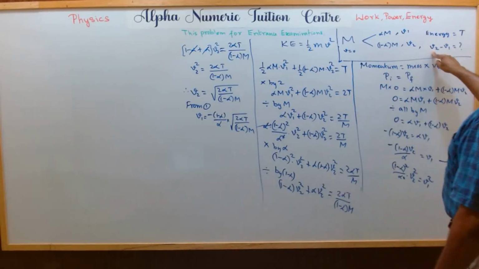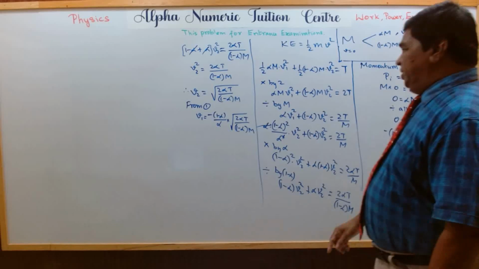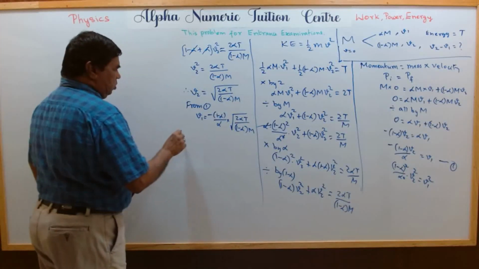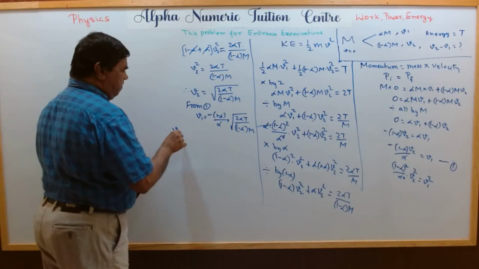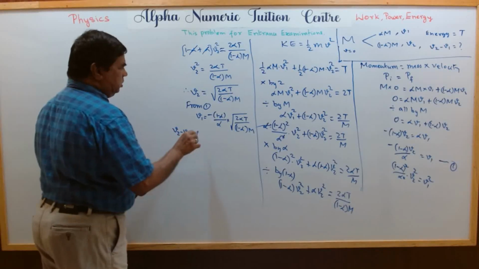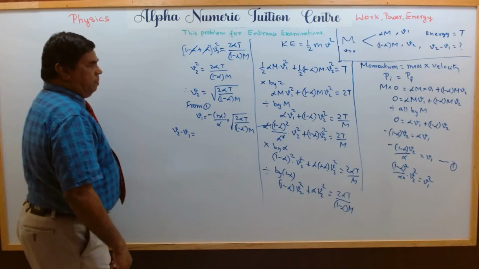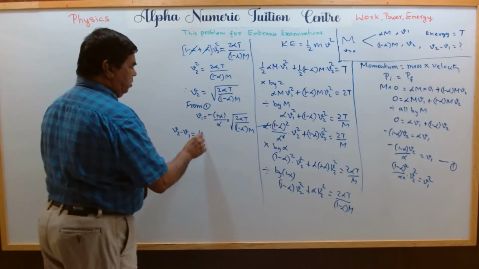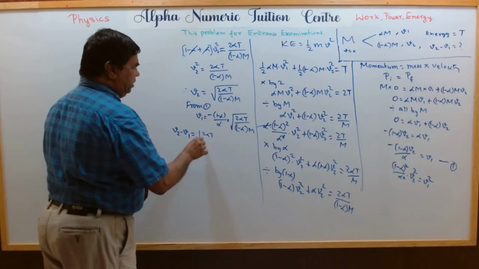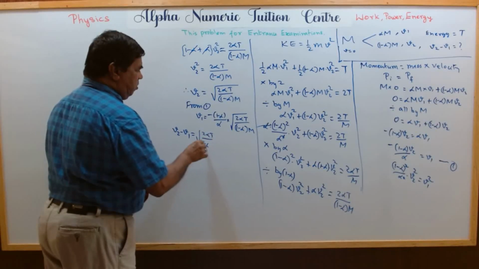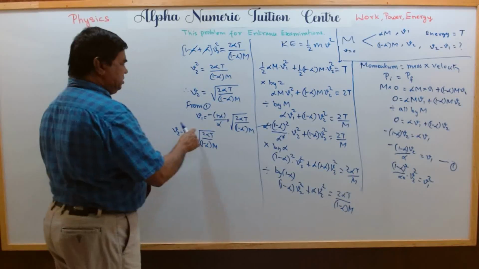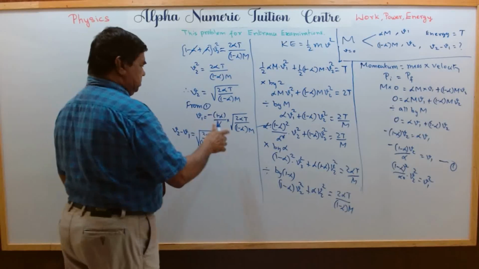Now we know V1 and V2. The relative velocity V2 minus V1 is asked in the question. So V2 minus V1. Now V2 is root of 2 alpha t divided by (1 minus alpha) m, minus V1.